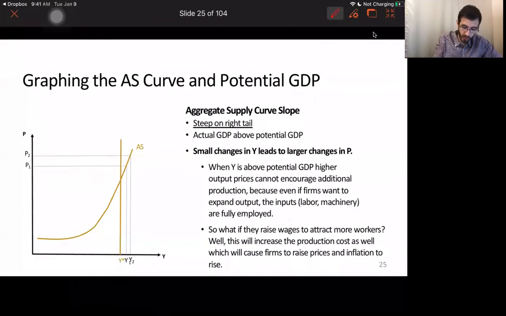Let's start with the steeper part, closer to what is being highlighted here, Y1, Y2. Let's pretend the economy is at Y1. The idea here is that if we want to promote more economic growth, to produce more GDP, then we need to add more inputs to our production process.